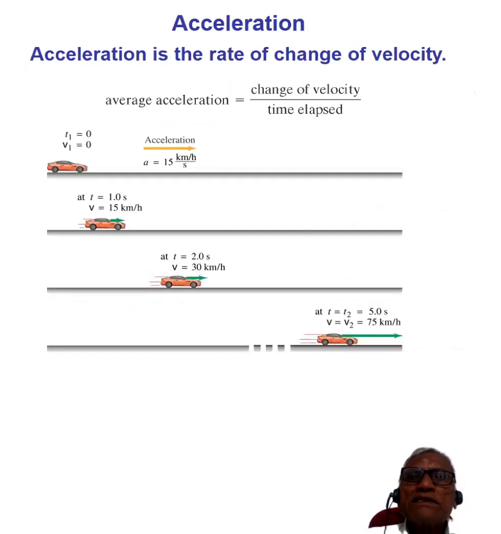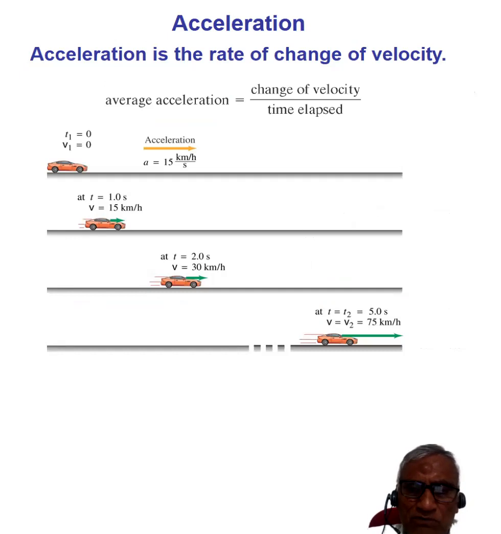Now we look at the cases of acceleration. Acceleration is actually change in velocity. When there is a change in speed, there is also an acceleration, but there can be acceleration without change in speed. That we will see when we see two-dimensional motion.